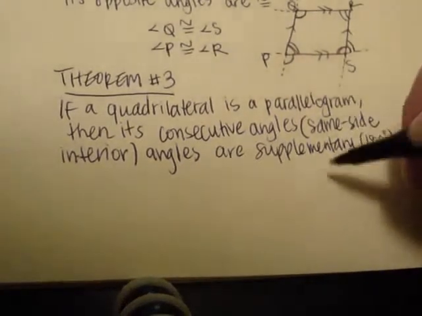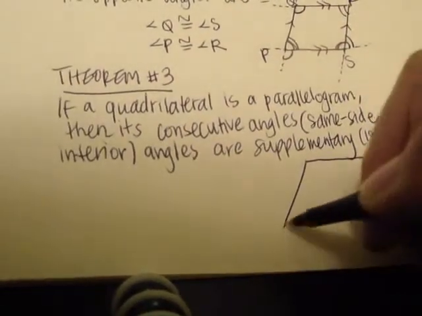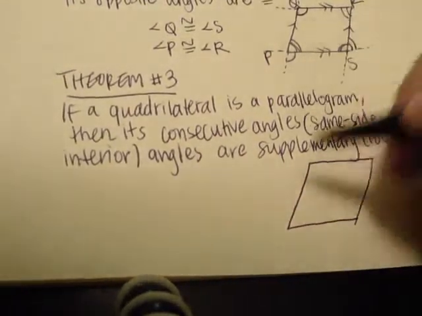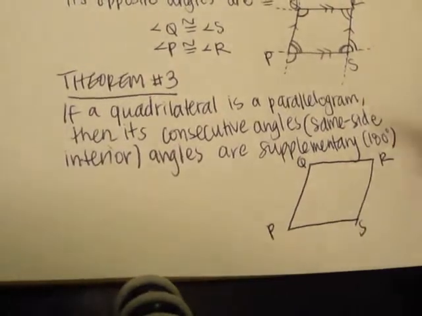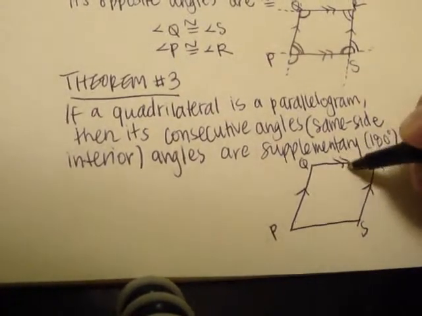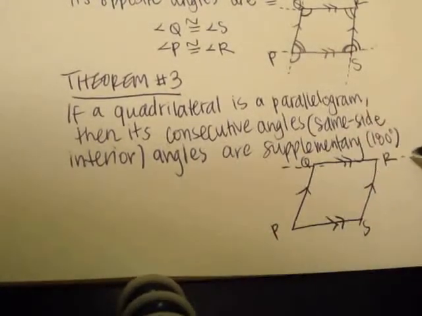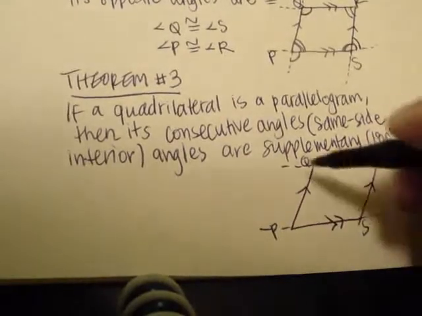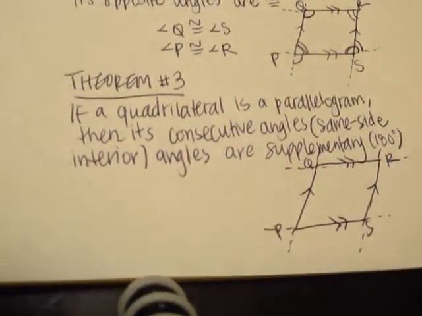Okay, so let's do another example. Same parallelogram, P, Q, R, and S. We're told that PQ is parallel to RS, QR is parallel to PS. And again, let's try to extend the lines to see angle relationships based on parallel lines and transversals.